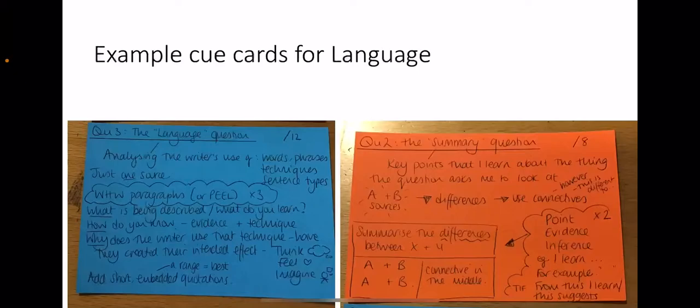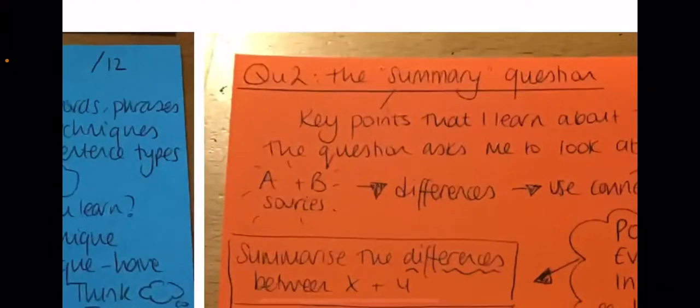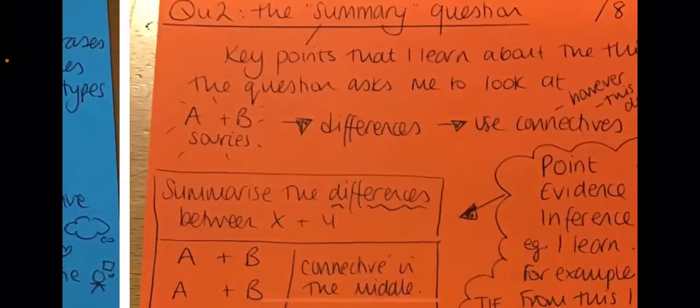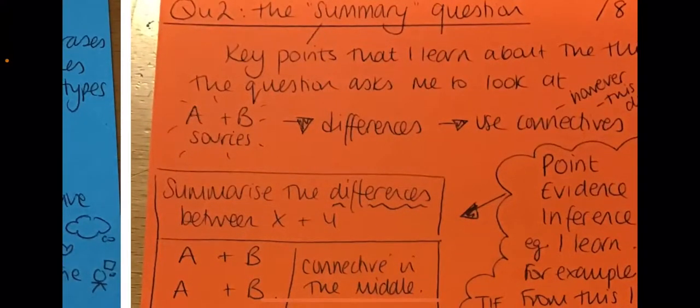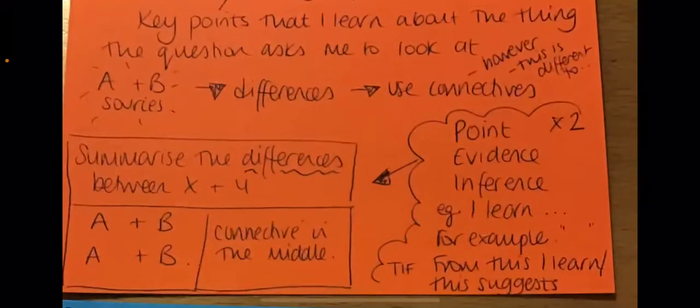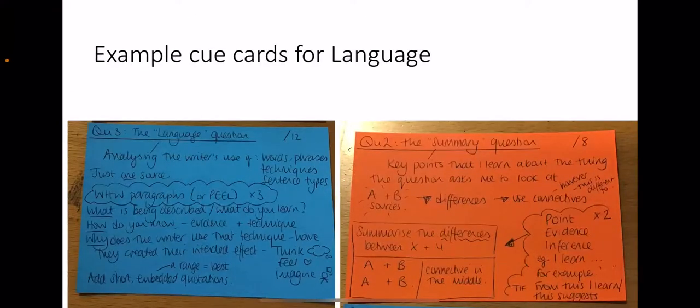Knowing what the question is, for example, that question 2 on language paper 1 is the summary question, language paper 2, and it's worth 8 marks. Knowing that you need to have key points that you learn about the thing that the question asks you to look at. Key notes about which sources you're using, what you need to do for each question, and how to structure your answer. That's the sort of thing that goes on a cue card or a flashcard.